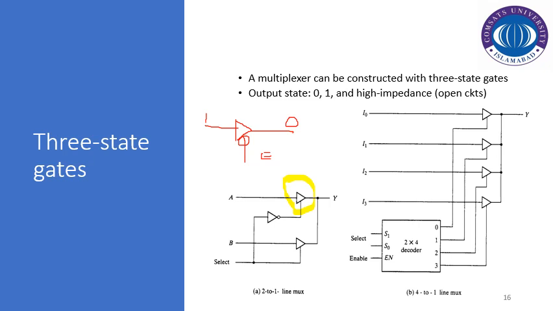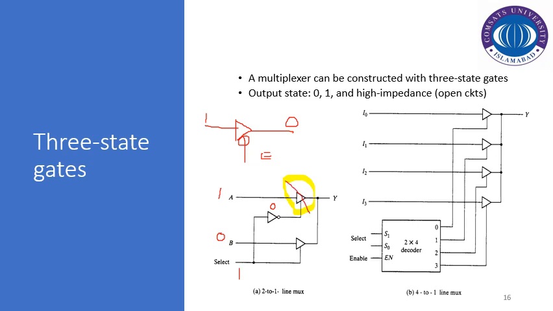Now, in this 2 cross 1 multiplexer logic, let us assume that the value of A is 1 and the value of B is 0, and the select line that is mapped onto these enable lines has the value 1. This one is inverted to 0, which means this gate is disabled.